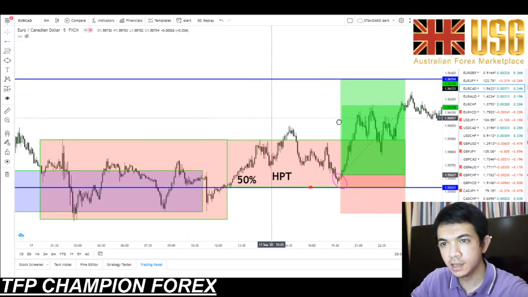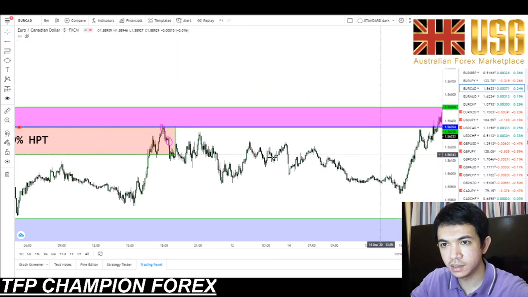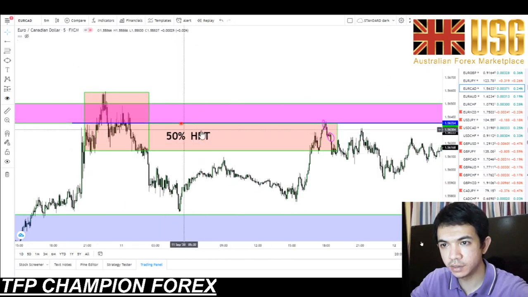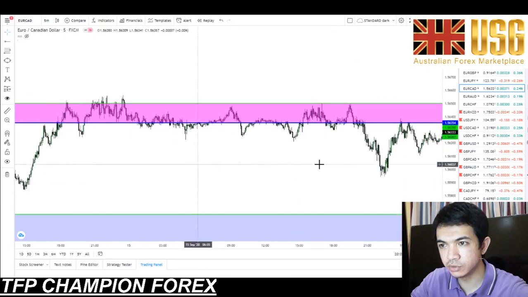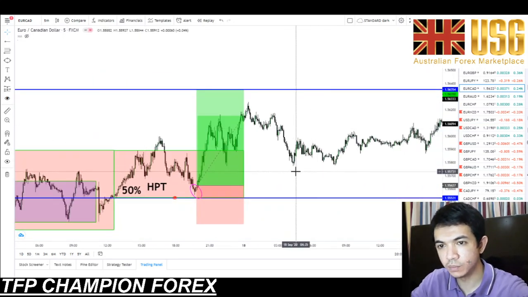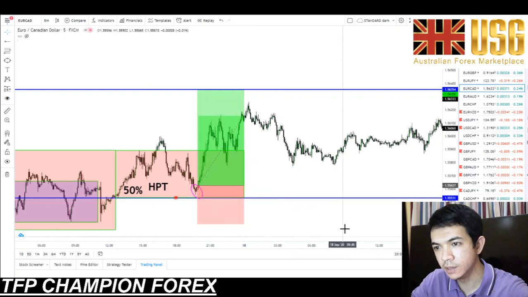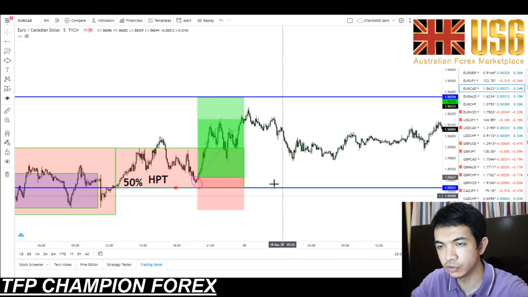If you're going to sell, again, you shouldn't pass beyond that 50% level. That is how you find opportunities using this basic 50% rule, because the moment it passes beyond this 50%, definitely the market will turn into a bearish market.